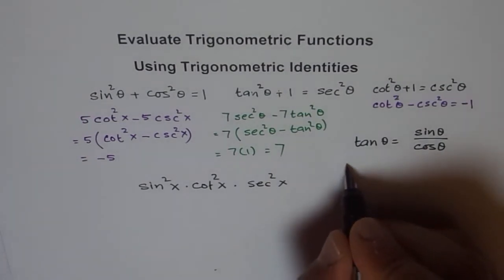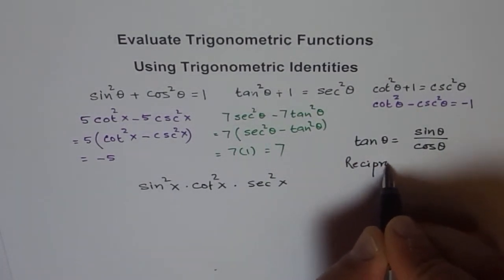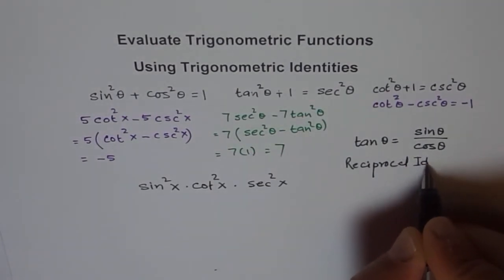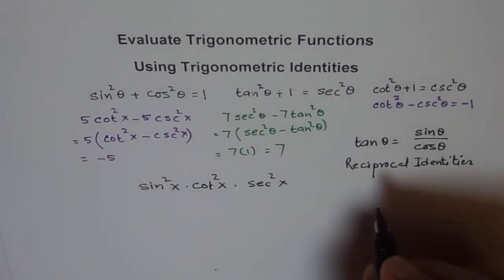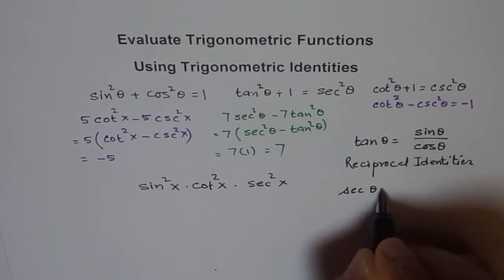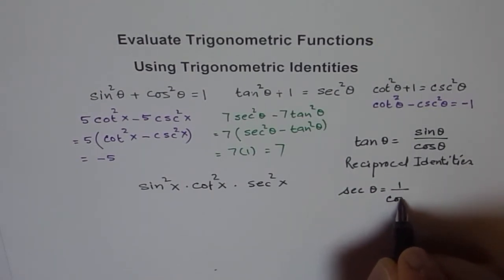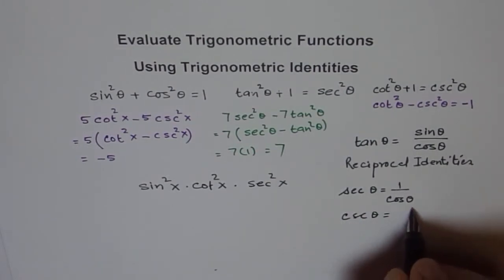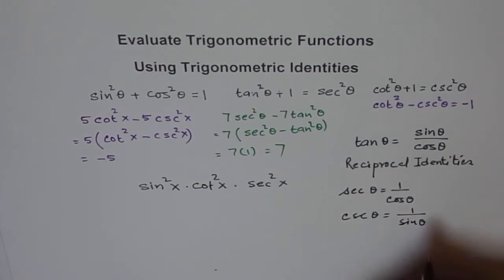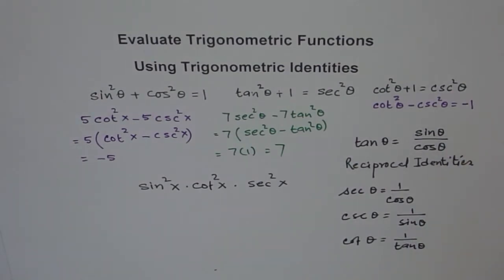The other basic identities are the reciprocal identities: secant theta is equal to 1 over cos theta, and cosecant theta is equal to 1 over sin theta. And cot theta equals 1 over tan theta, and tan theta, as you know, is sin theta over cos theta. So this forms a set of identities which we call basic trigonometric identities.